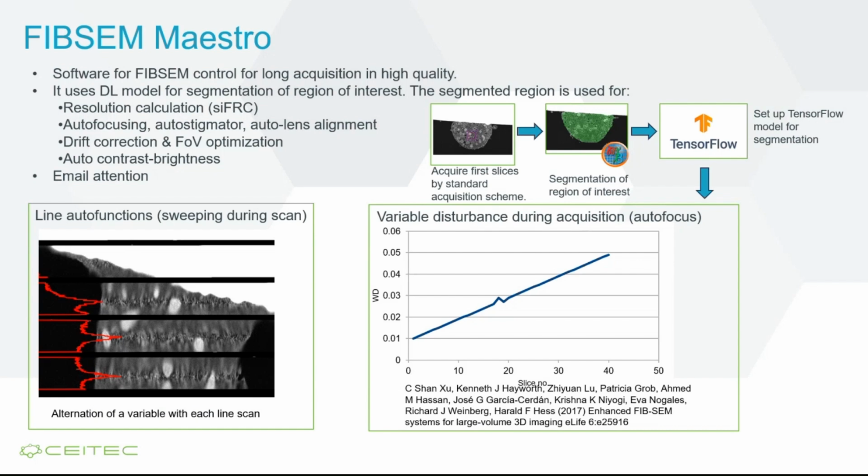So that's why we implemented this feature. You change the working distance or any other variable. You sweep the variable during scanning, during one scan, and then the resolution of each line is calculated and the best line is selected. By this you can do auto functions in one scan.